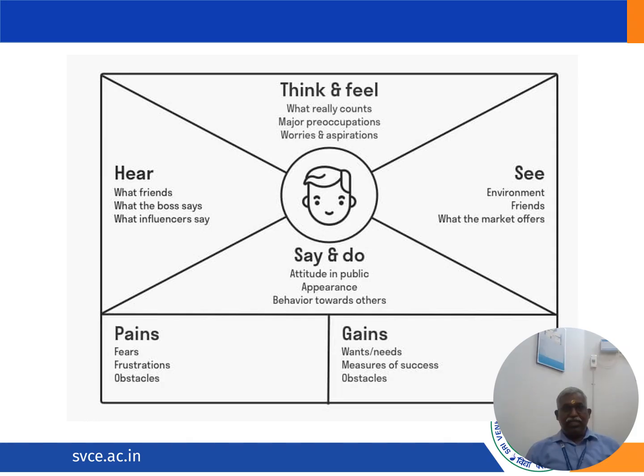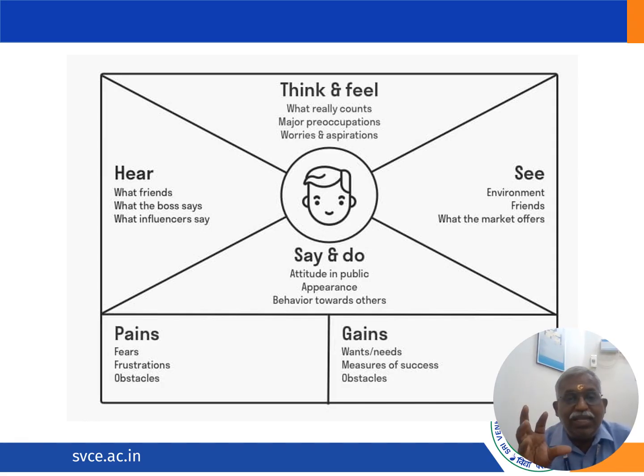Then says, what is the statement, doing, attitude, appearance, behavior towards others. Based on that, we have pain and gain. In the previous map, we did not take pain and gain. From the four quadrants, the resultants are pain and gain.